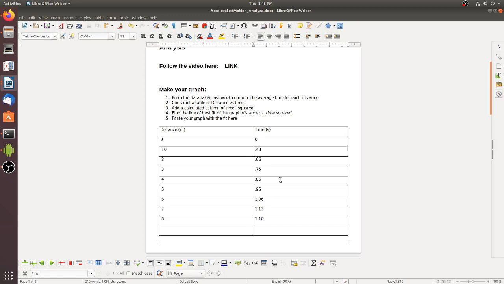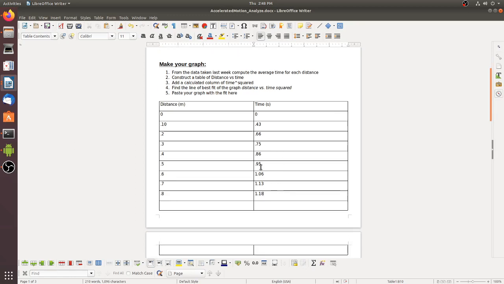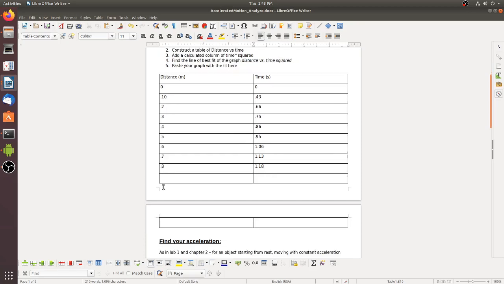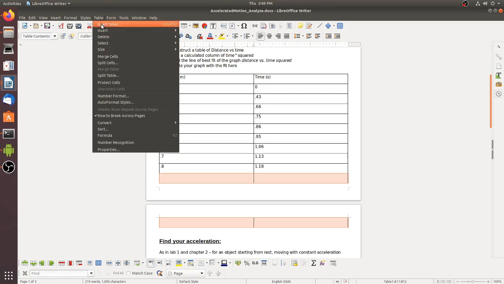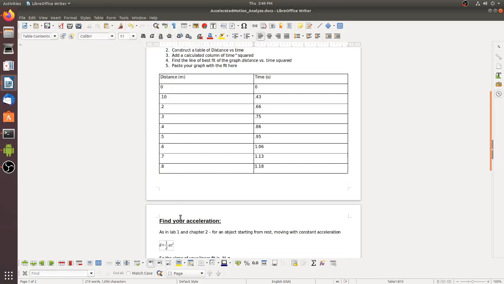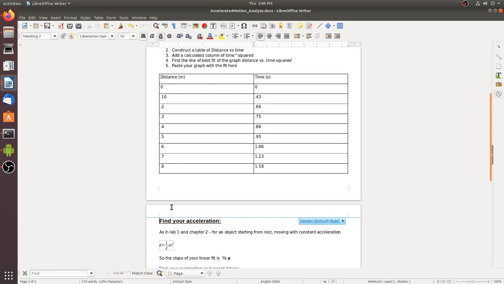Okay, there's my table. Now I need to make a graph. Well, you have graphical analysis on your device. Let's get rid of these two rows here. I don't. I have it on my tablet.